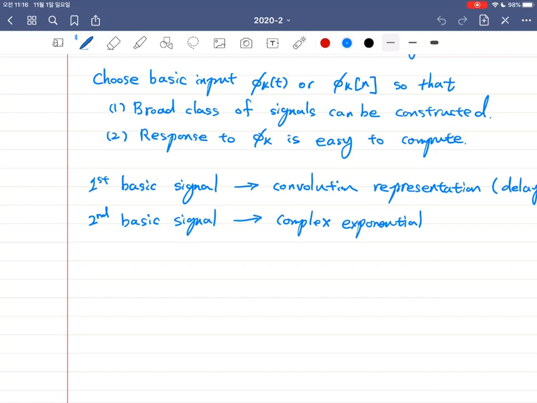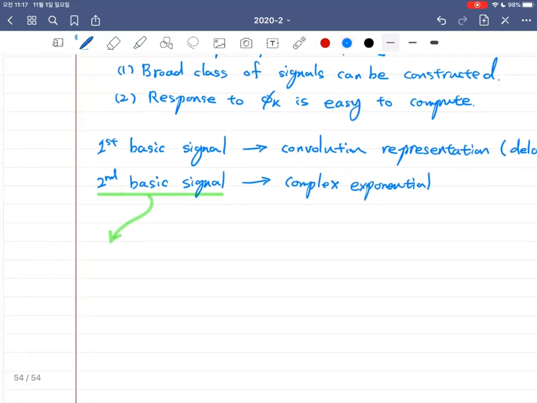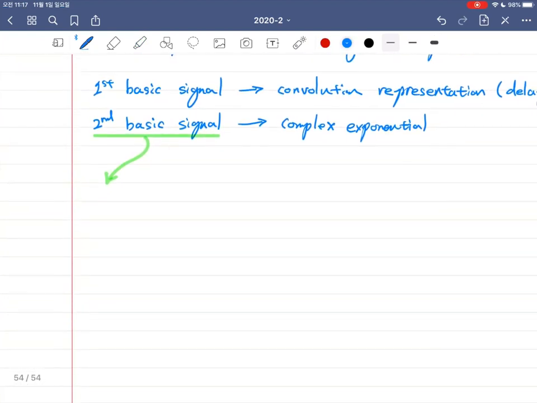So this second basic signal was in the form of exponential for the continuous time. So this basic input was e to the j omega k t. And omega k was a fundamental frequency, remember?